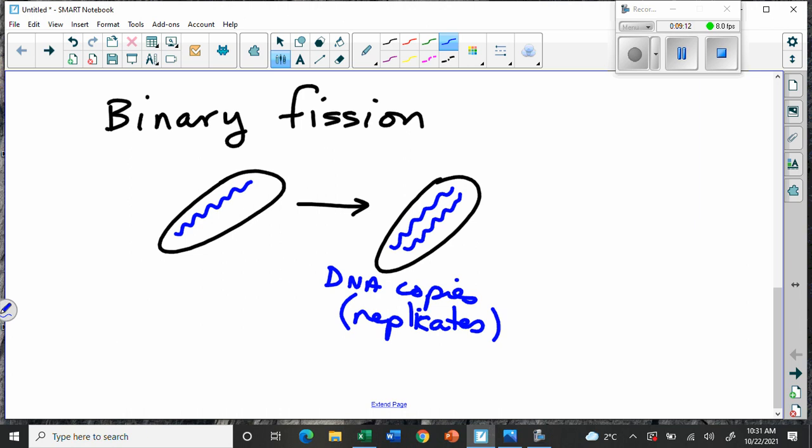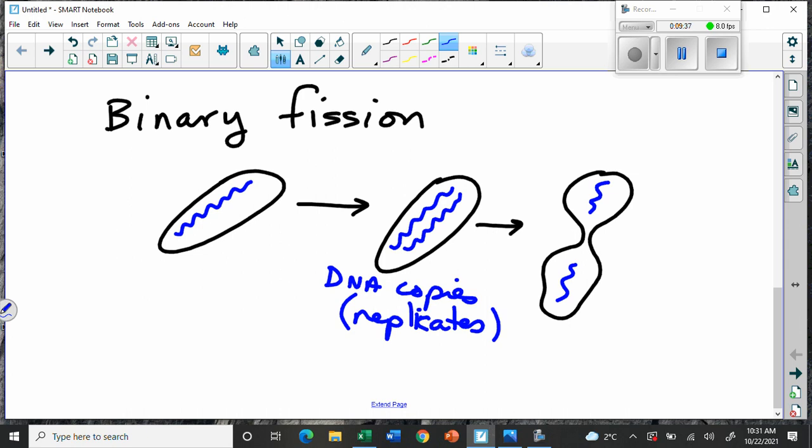DNA replicates. And then the cytoplasm begins to stretch. The membrane, remember the membrane of the cell is very fluid, and so it can stretch and twist, and it pinches off. So the next step would be sort of like, it would start to go like this. And one copy of the genes would go one way, and the other copy would go the other way.